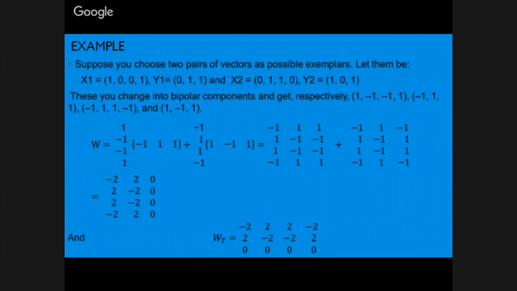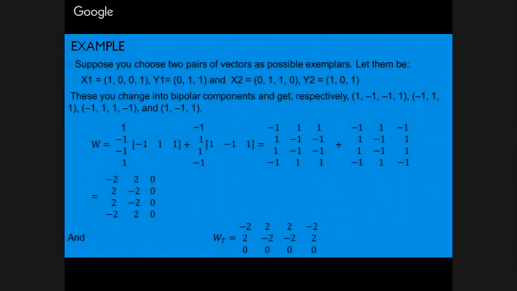So in the Hopfield network, what we were doing, the input vector was there in the binary form. We converted it into its bipolar form. We took the transpose and then we multiplied the column vector with the row vector. There we did like that because the input and output vector were the same. Now we have different input and output vectors.